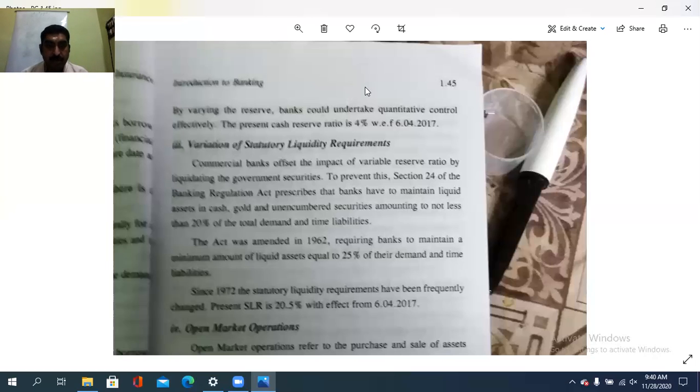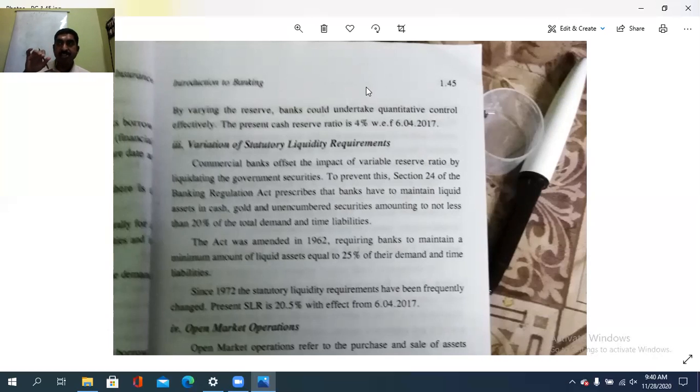Which one? Variation of the statutory liquidity requirement. Means what? In order to offset the impact of such a reserve ratio, the bank need to liquidate the securities. Government securities അവിടെ liquidate ചെയ്യേണ്ടതായിട്ട് വരുന്നു, പേ ഓഫ് ചെയ്യേണ്ടതായിട്ട് വരുന്നു, അതാണ് പറയുന്നത്. സോ അതിന് സെക്ഷൻ 24 of the Banking Regulation Act prescribes that the banks have to maintain the liquid assets in cash, gold, or encumbered securities amounting to not less than 20% of the total demand and time liability. മൊത്തം ഇതിന്റെ 20% they need to maintain what?